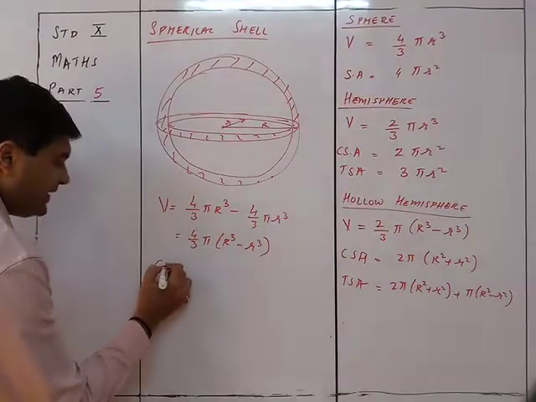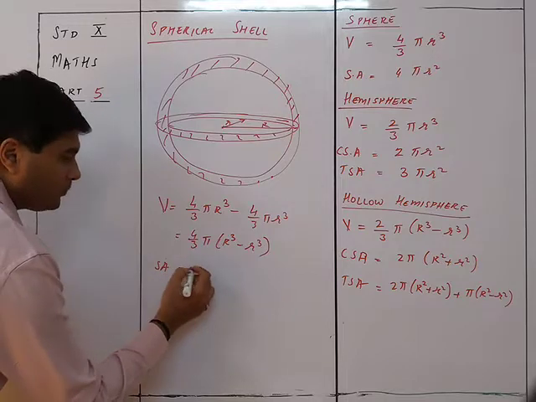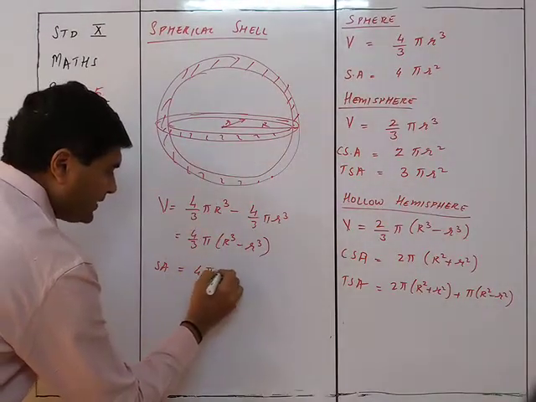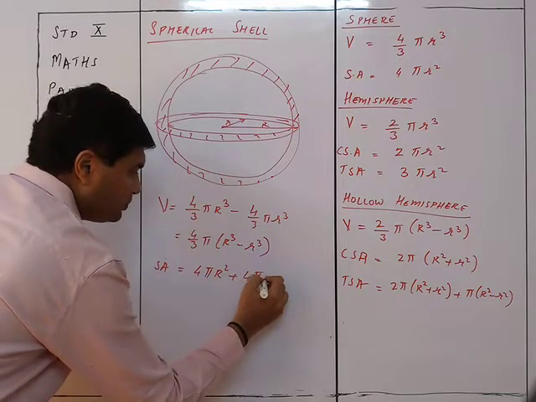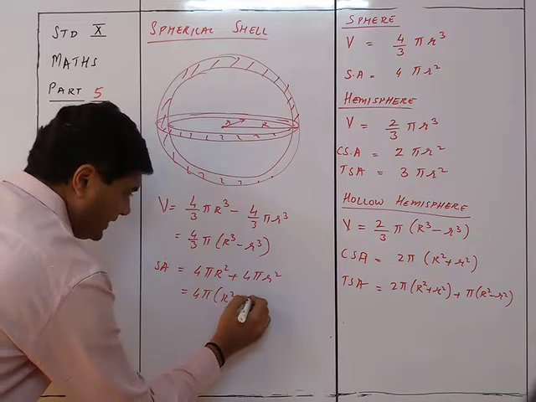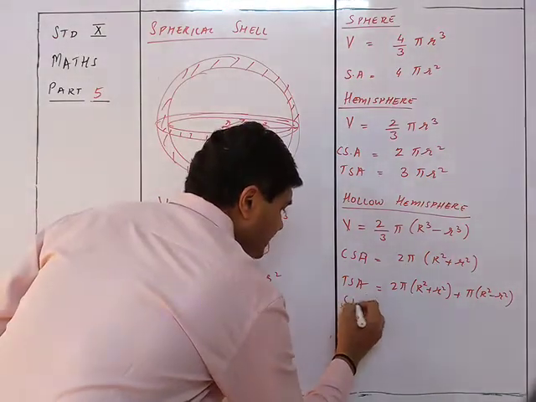There will only be CSA, that is the surface area will be there. So surface area will be equal to 4 pi R square plus 4 pi r square. So 4 pi capital R square plus 4 pi small r square equals 4 pi bracket R square plus r square.